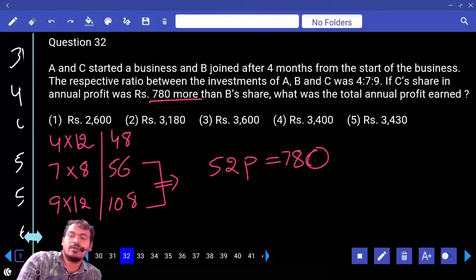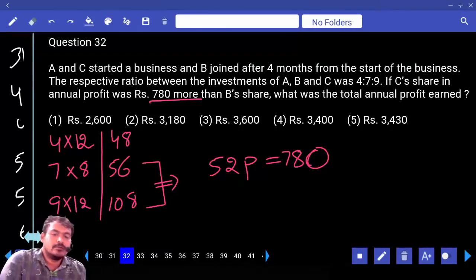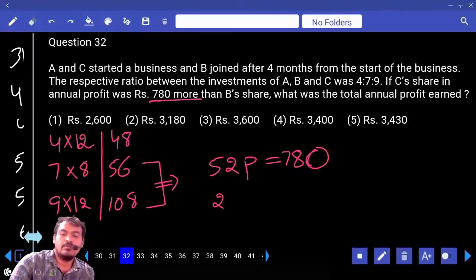What is the 52 parts value? 780. What is the question here? Total annual profit. Total how many parts? 56, 48, 108. Total it is 104 plus 108. 212. We require 212 parts or not?